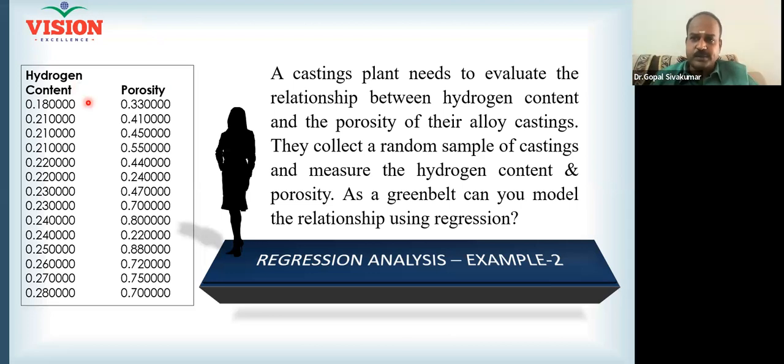So the hydrogen content is varying in a wider range, and that is why porosity is often coming and going. Some experts are telling that when you are pouring the molten metal, it can have hydrogen present in it, and the amount of hydrogen present in your molten metal should also be optimized to prevent porosity.